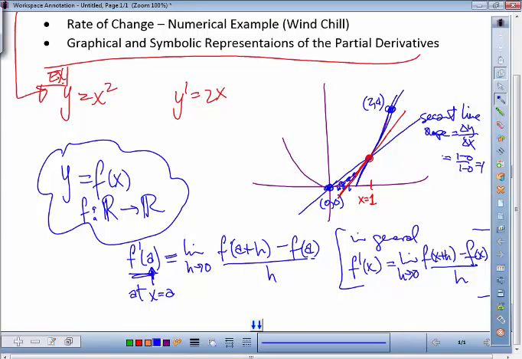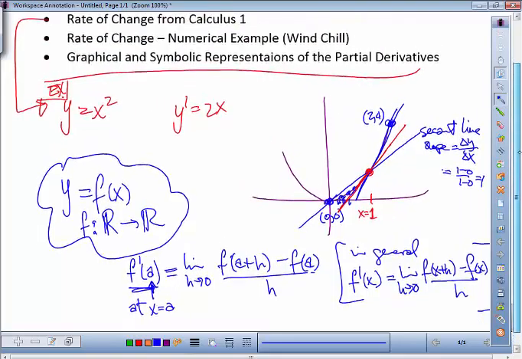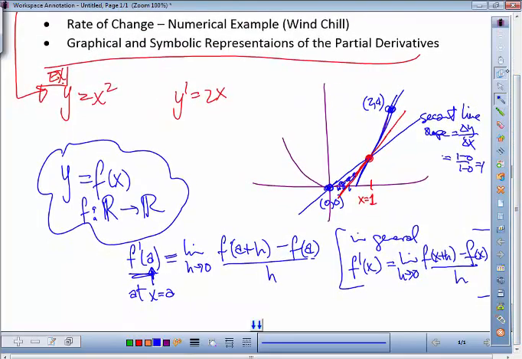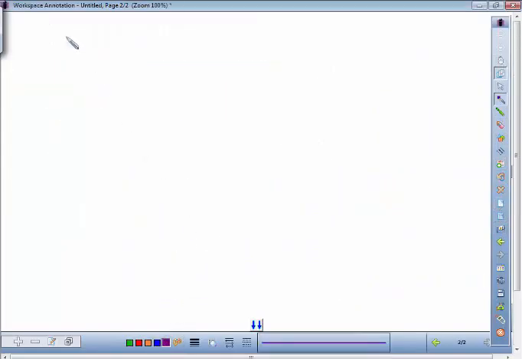Let's start with a two-dimensional rate of change. So now let's say we have this thing.